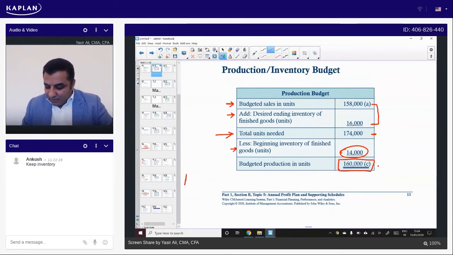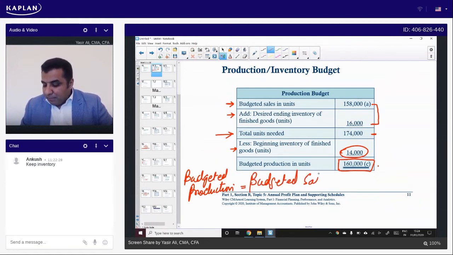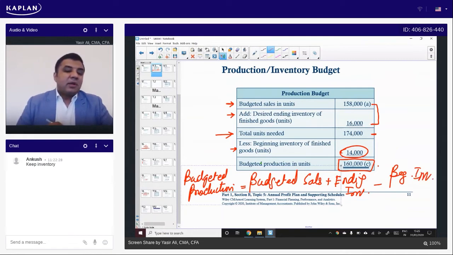If I summarize, budgeted production in units is equal to budgeted sales plus desired ending inventory, minus the beginning inventory, right?